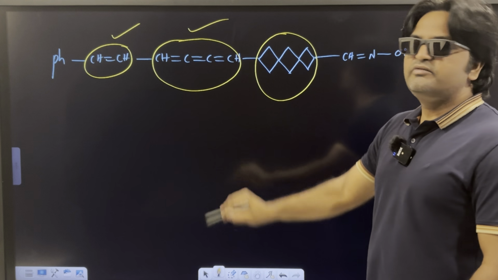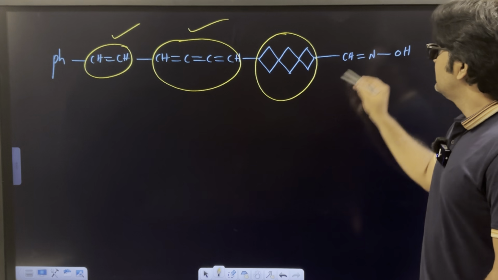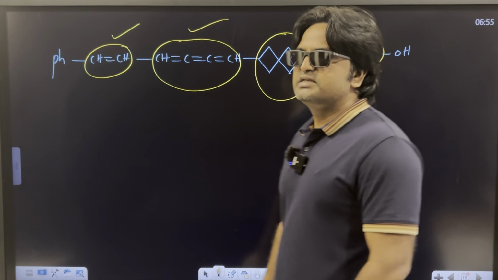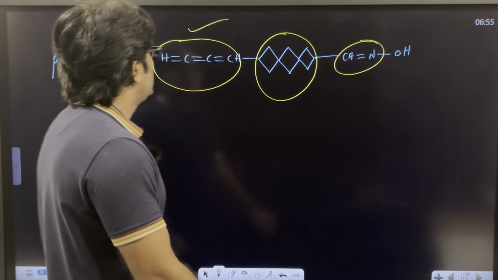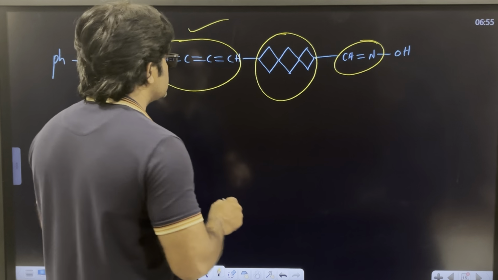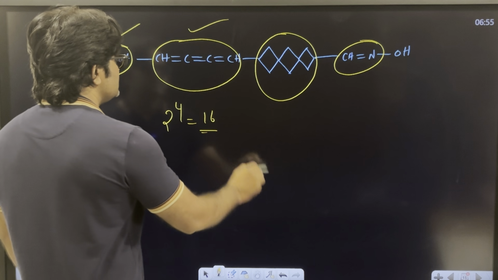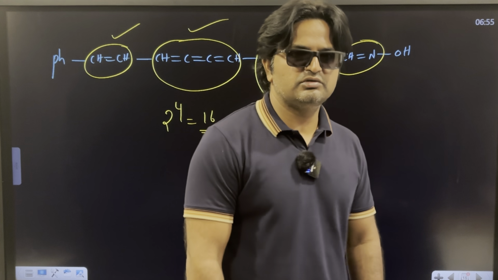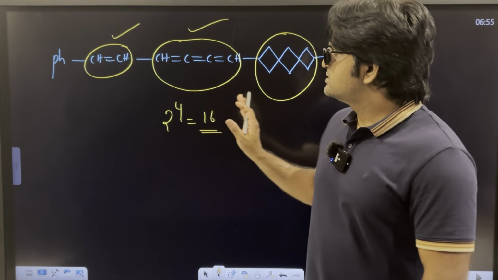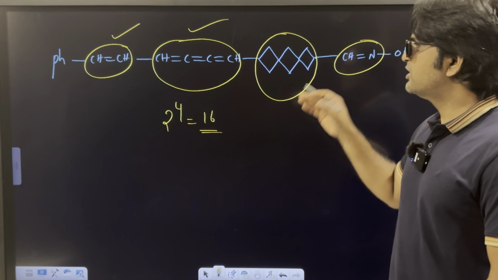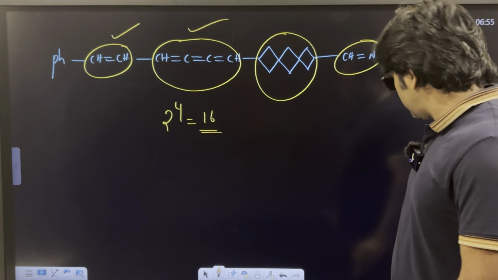This one is odd spiro compound, and as usual this oxime will show geometrical isomerism. Totally how many segments do we have? Four segments are there. Unsymmetrical molecule, 2 power 4 equals 16. Now these are the total number of geometrical isomers of the given molecule.